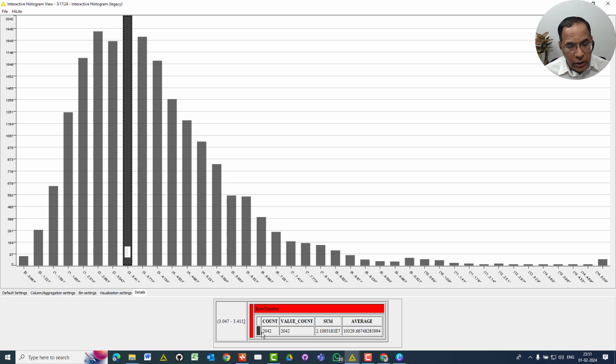So you can say there are 242 rows where the income is between, let's say this, it can't be $3, right? So it has to be, let's say, a multiple of 10,000. So maybe 30,000 and 34,000, right? So 30k US dollars and 34,000 US dollars, or something of that nature. You will see that the income falls, and there are about 2,000 of these values, right?